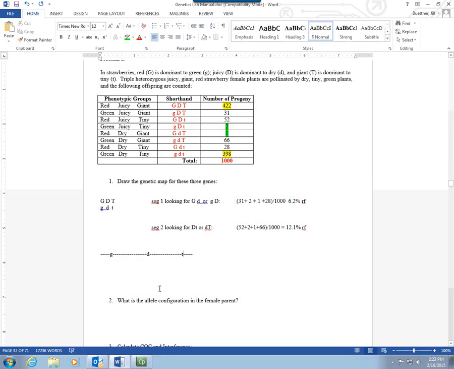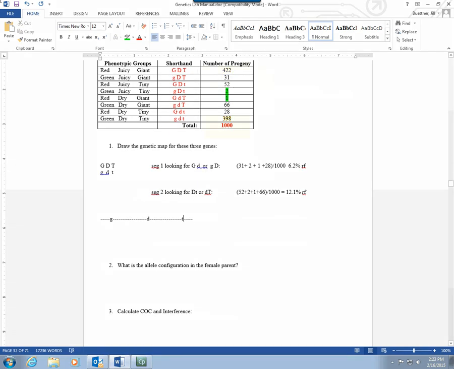Then it asks you what's the allele configuration of the female parent. This is your female parent. You have all the recessives together, so that's all cis. So G, D, and T are all in cis, or all in a cis configuration. It doesn't matter, but I try to do this with lowercase letters.